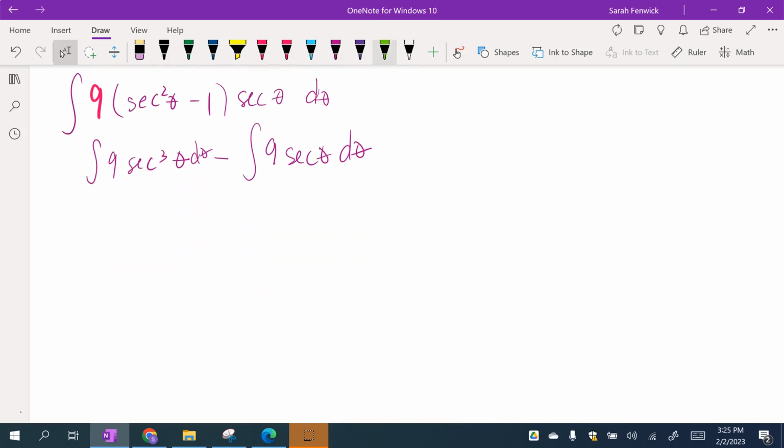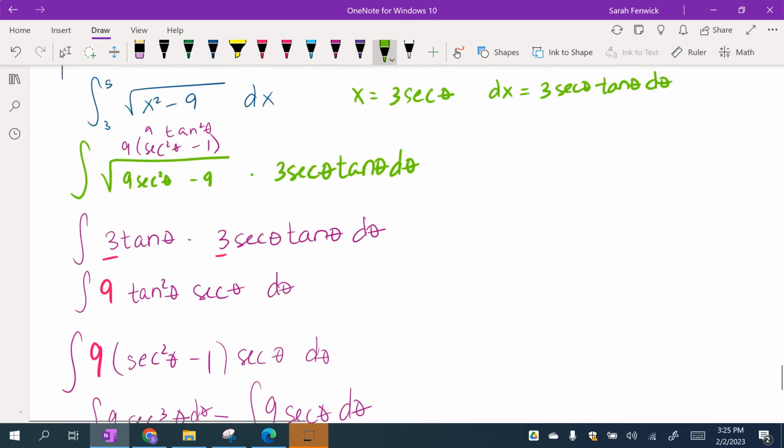All right, so here, in order to change my 3 and 5 as my limits, since we had x equals 3 to x equals 5, so if we say 3 equals 3 secant theta, divide by 3, 1 equals secant theta, that happens at 0.